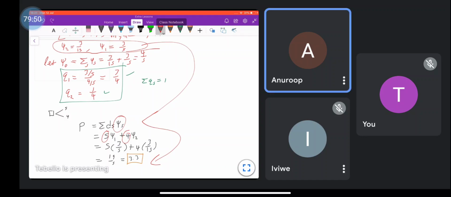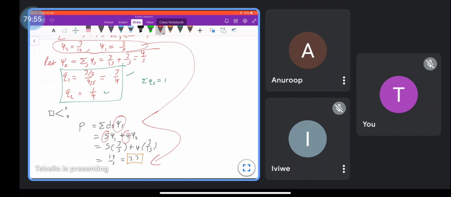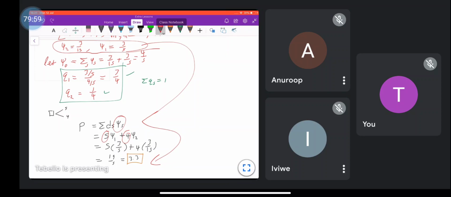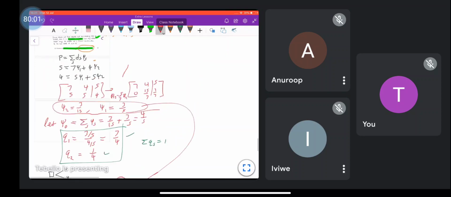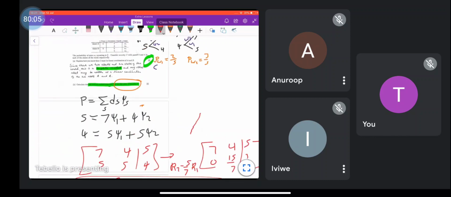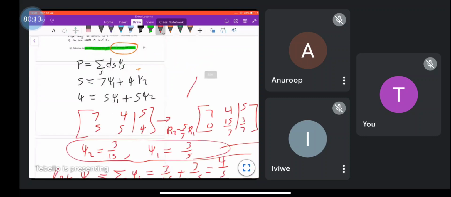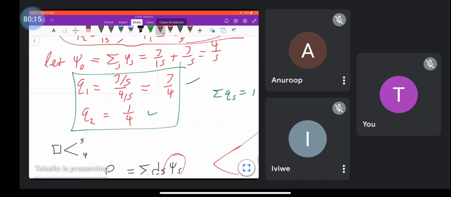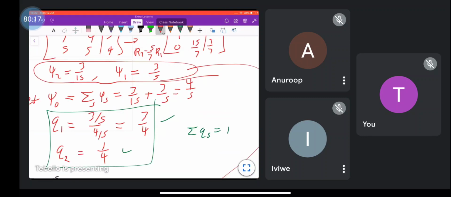Sorry, can you please explain that last part again about the arbitrage? Yeah. Here we are looking at the state prices. Because this is a complete market, the state pricing we find is going to be unique. The state pricing we found is 3/5 and 3/15.